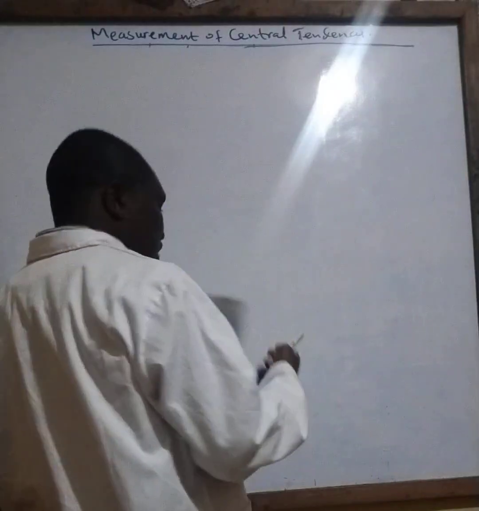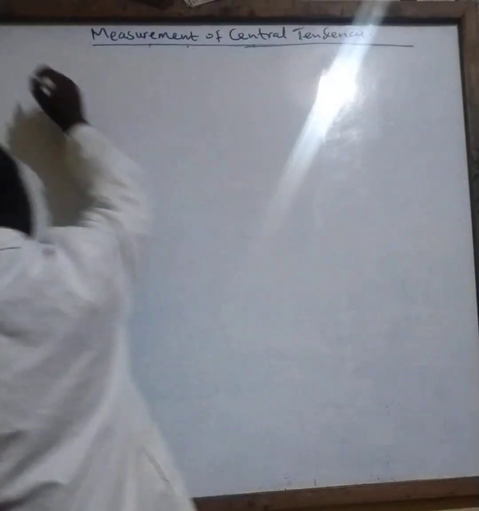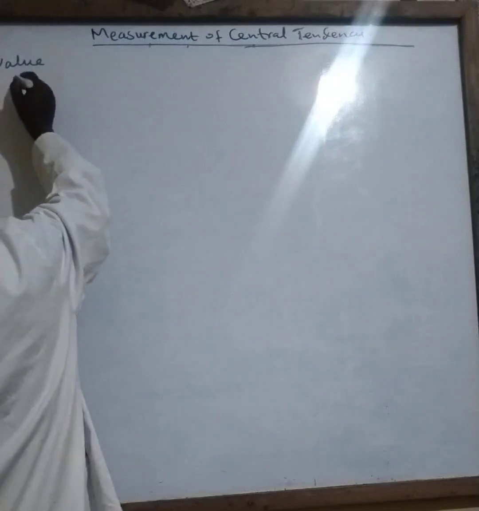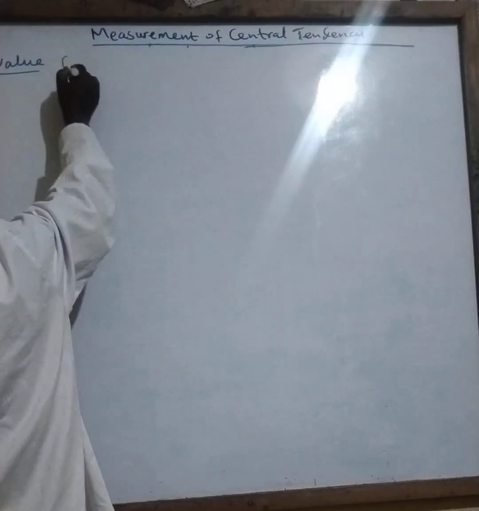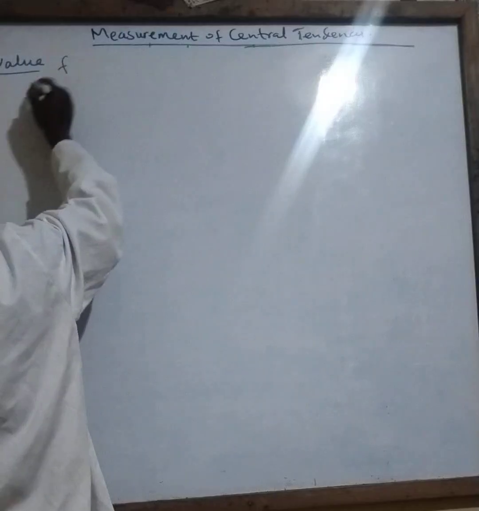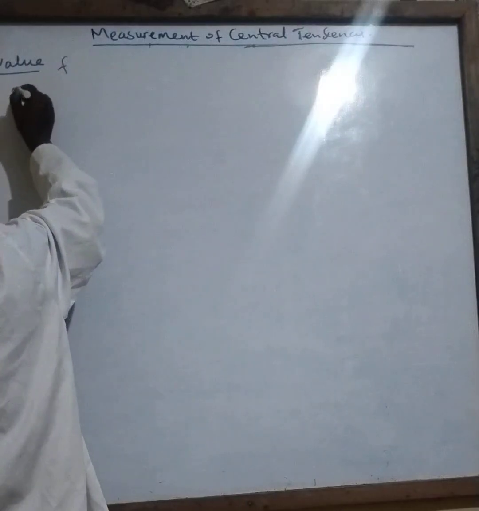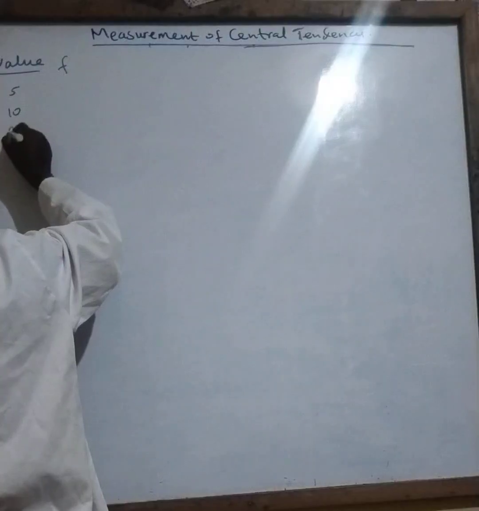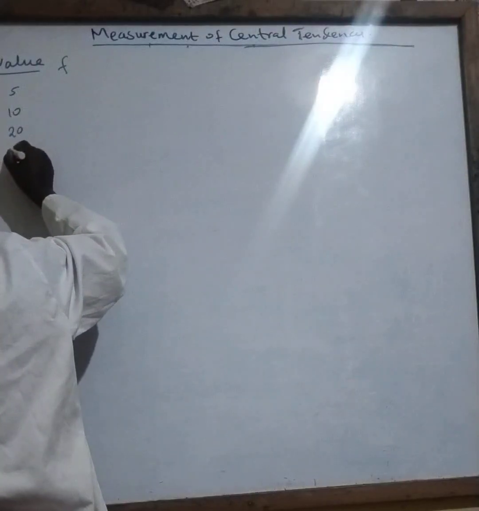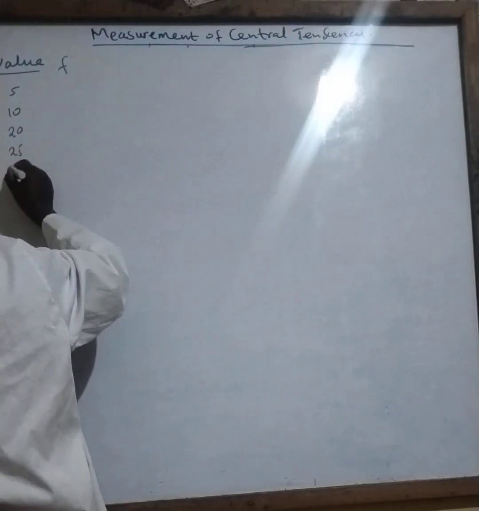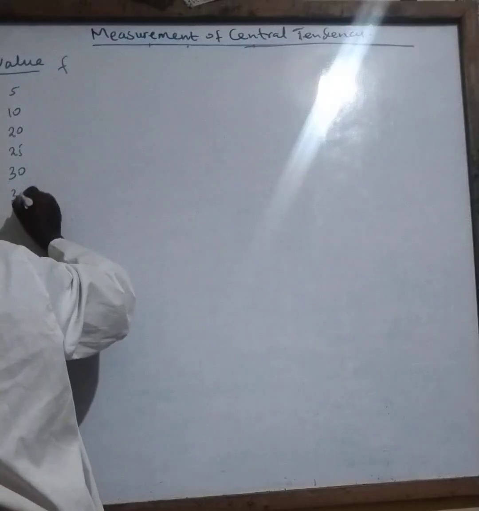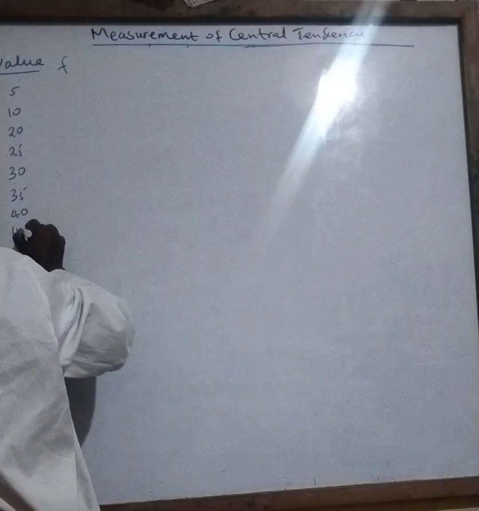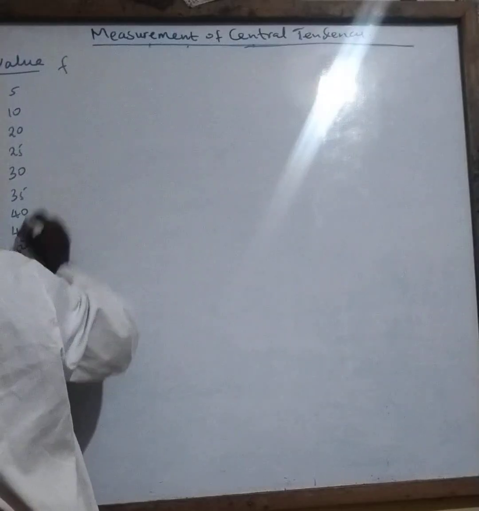So example 2 class, we have the value here. The value here, we have the frequency there. So the value is 5, 10, 20, 25, 30, 35, 40, 45, and 50.